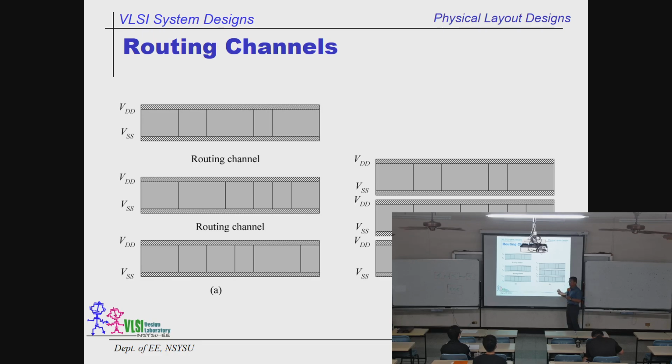So we have to give enough freedom to share these control signals. But if the freedom is too big, the channel is too big, we're going to waste a lot of space, a lot of area on the silicon. That is also not acceptable. So there is an interesting question: how do we make sure that the channel design is good enough to accommodate all the signals that we need?